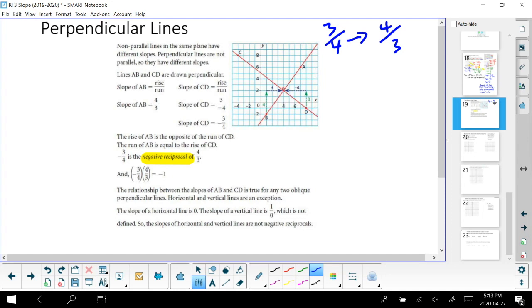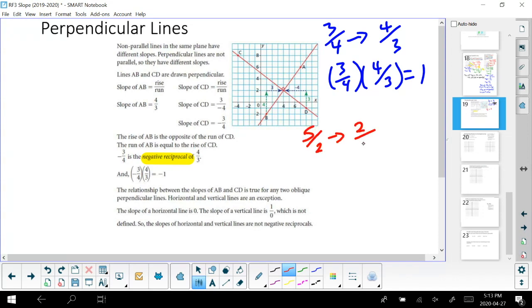So this would be the reciprocal. They would be their own reciprocals. And we know that they're reciprocals because when we multiply them together, the product of 3 over 4 times 4 over 3 is equal to a positive 1.